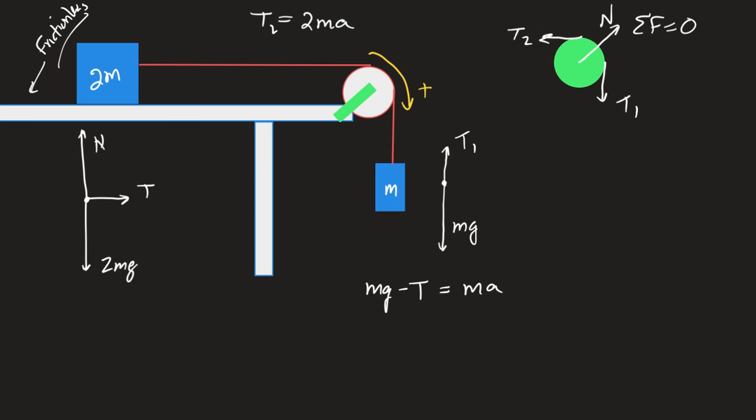The only thing you have to do now is recognize that these two equations can't be added together because they don't have the same tension in them any longer. So now you have to include the pulley. This is how the pulley's inertia gets worked into the problem, is dealing with the pulley. And because the pulley is not moving, it's spinning, we're dealing with net torque equals I alpha.